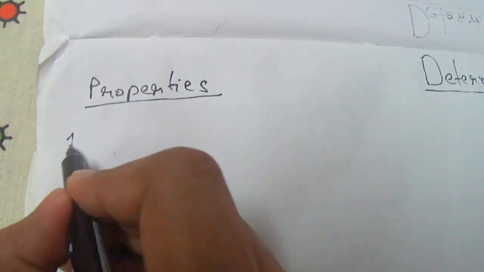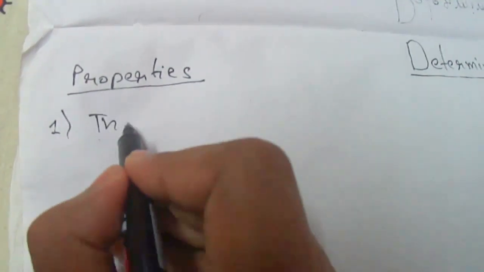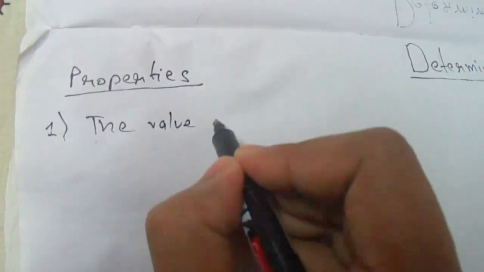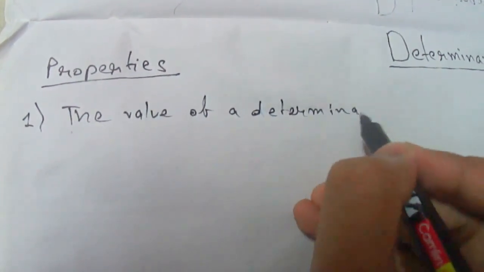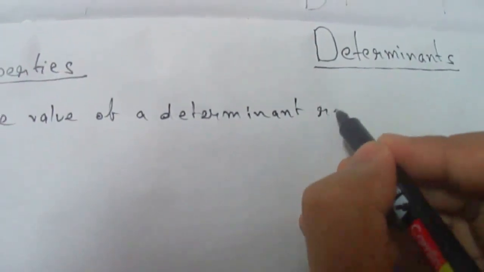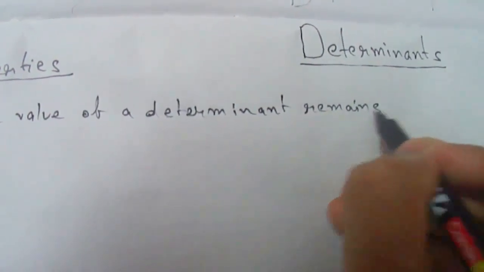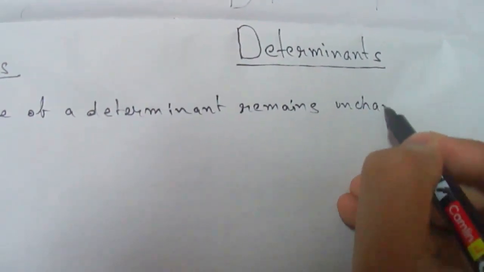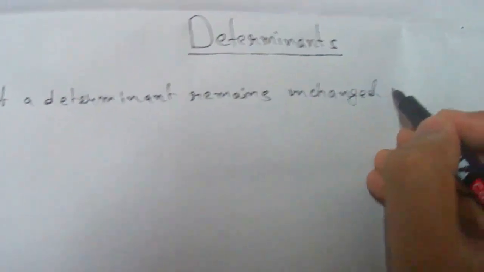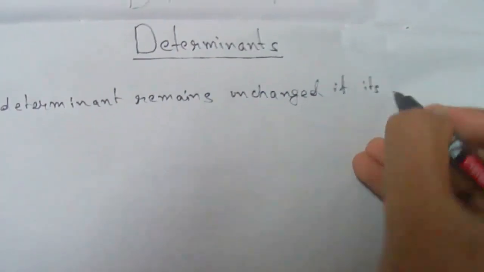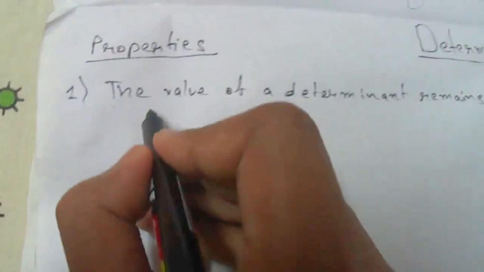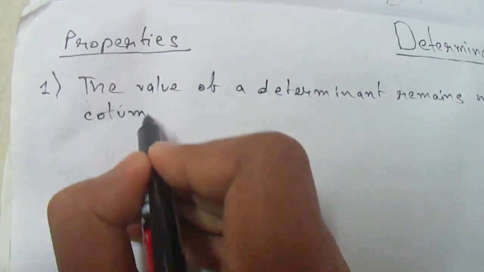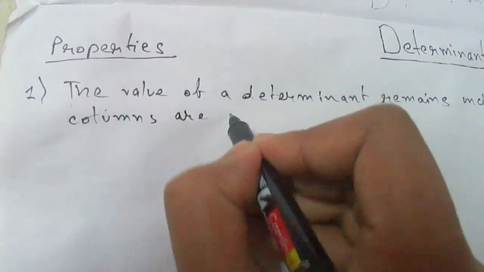So the number one property is that the value of a determinant remains unchanged if its rows and columns are interchanged.